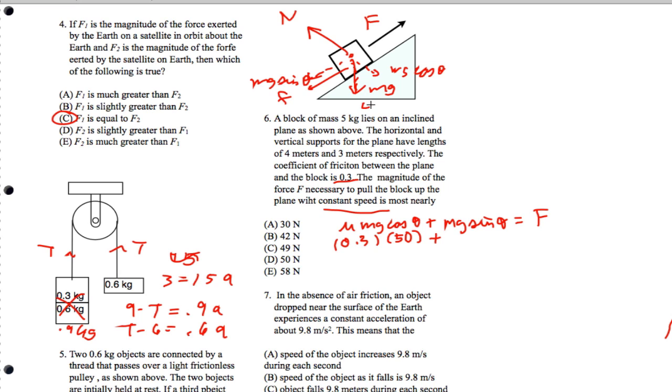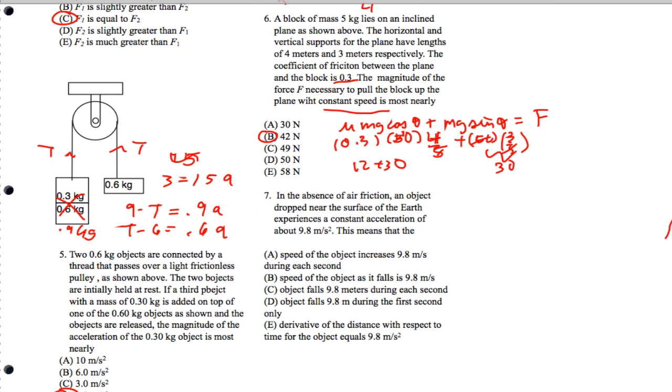Horizontal's 4, vertical's 3, and the hypotenuse is 5. So cosine theta is going to be 4/5, and mg sine theta is 50 times 3 over 5. So this gives us 30 here. And then what do we get here? This is 10 when we cancel the 10, 50 and the 5. So that's going to be 12 plus 30, and that gives me 42 newtons of force here.